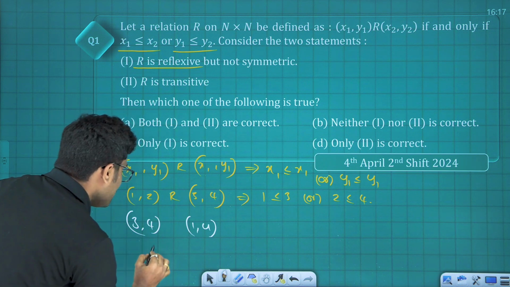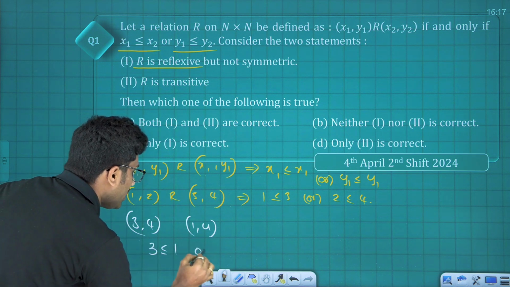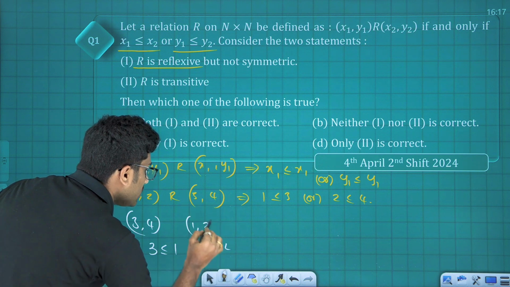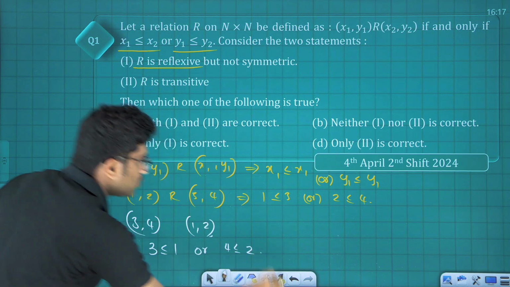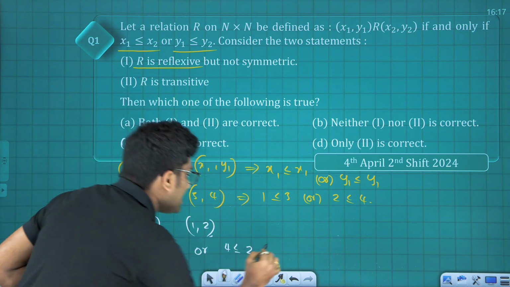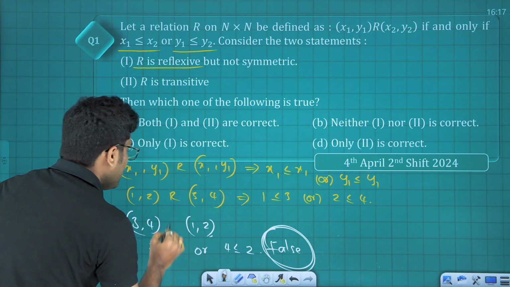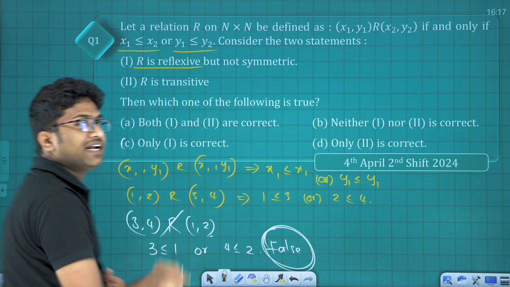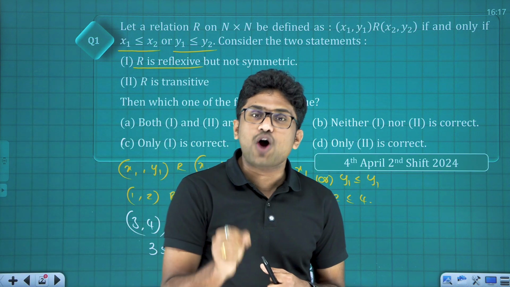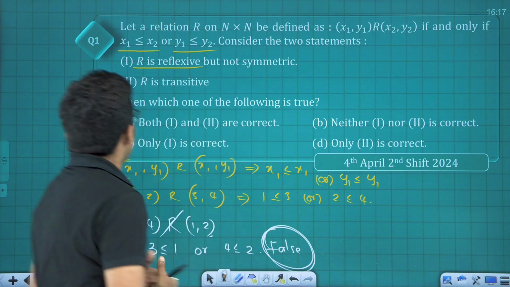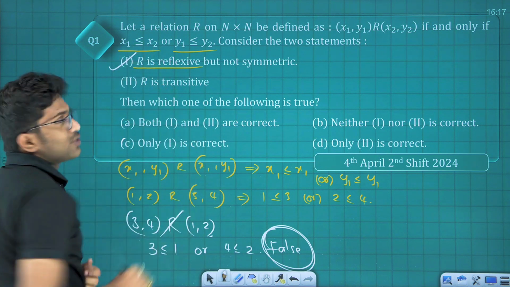For that, see friends, 3 is less than or equal to 1 or 4 is less than or equal to 2. Is this true? It's clearly a false statement. So (3, 4) is not related to (1, 2). Clearly it is not symmetric. So clearly statement 1 is true.